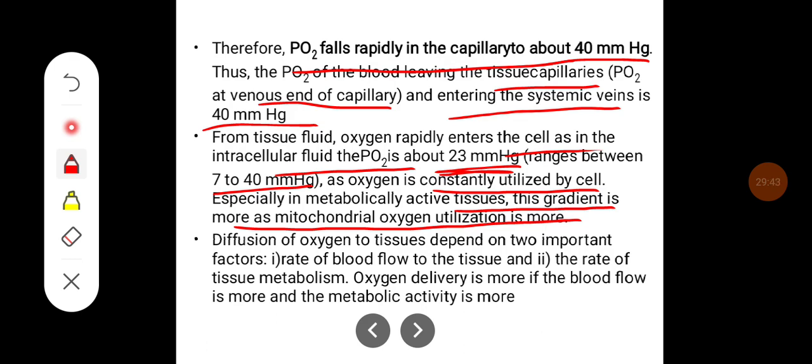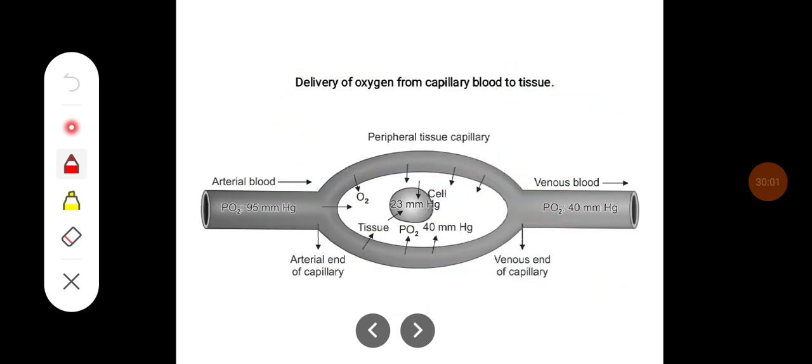Diffusion of oxygen to tissues depends on two important factors, that is the rate of blood flow to the tissue and the rate of tissue metabolism. Oxygen delivery is more if the blood flow is more and the metabolic activity is more. So this diagram shows the delivery of oxygen to the capillary blood.